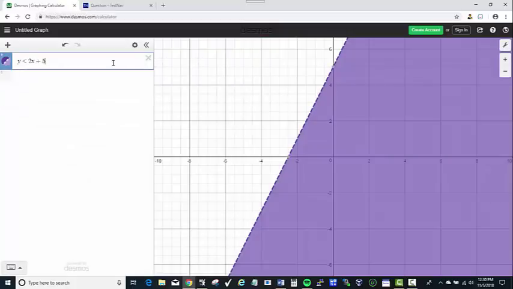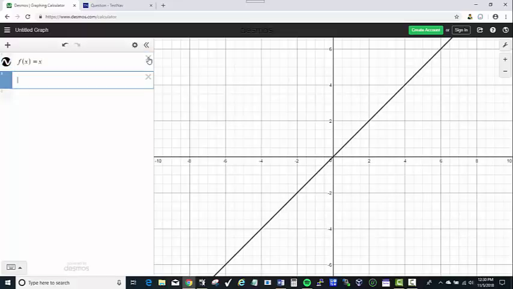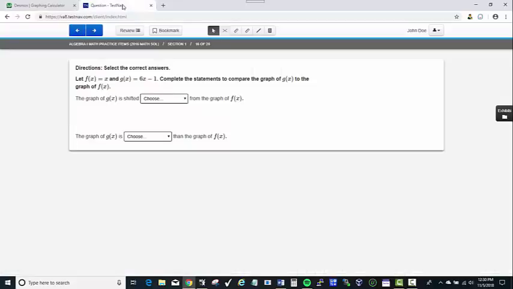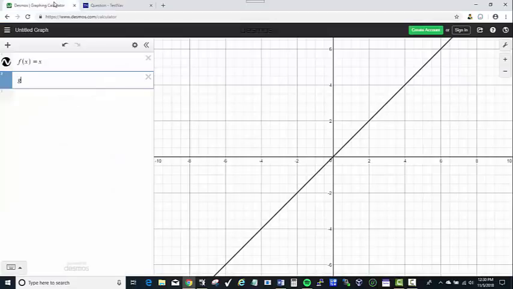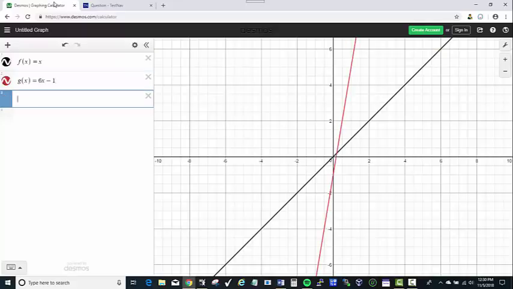So we'll do f of x equals x, and we'll do g of x equals 6x minus 1.